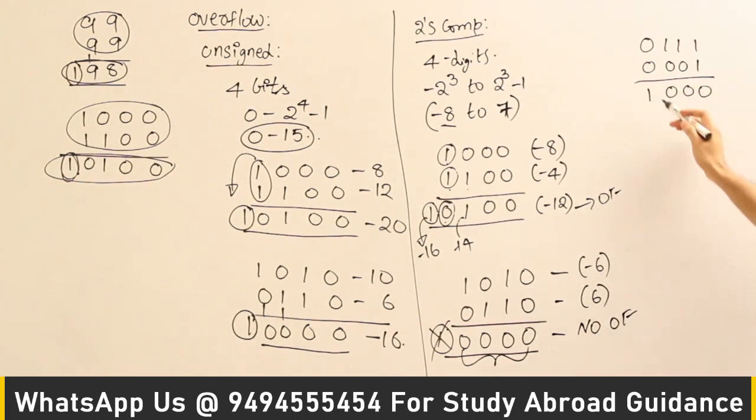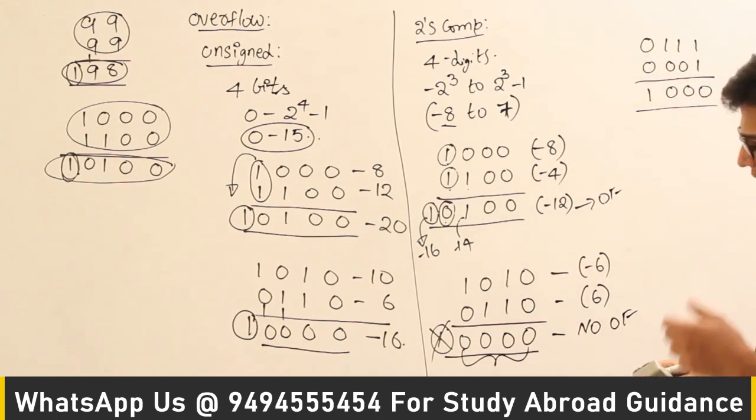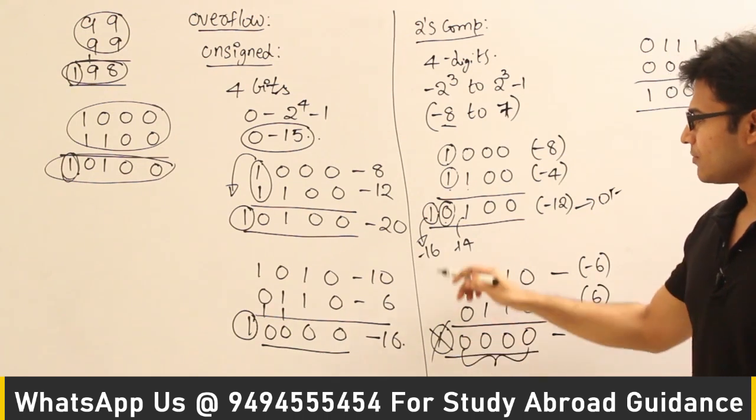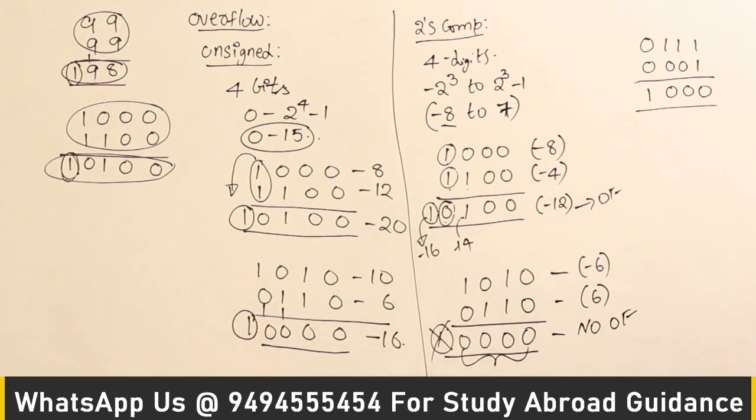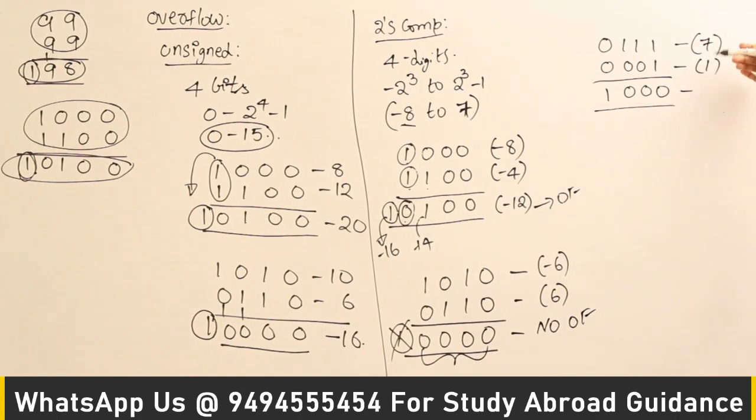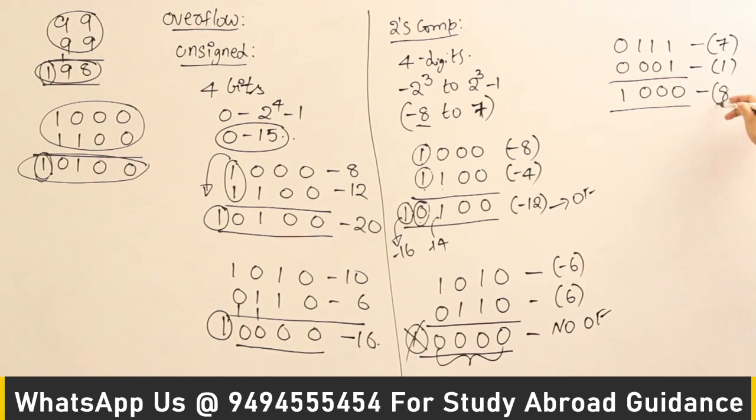There is no carry at all. There is no carry out of the most significant bit. So if there is carry, it may or may not mean overflow, and if there is no carry, then also it may or may not mean overflow. So see this one here. If you convert it to 2's complement, this number is nothing but plus 7 in 2's complement, and this number is nothing but plus 1. Now if you add both of them, it has to be plus 8.